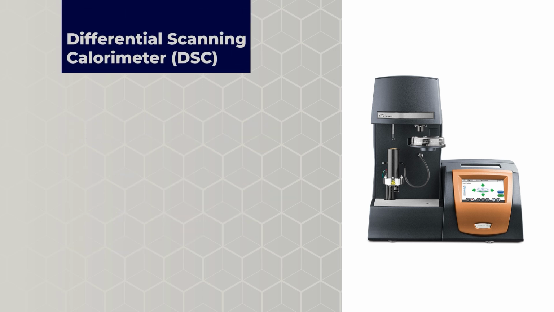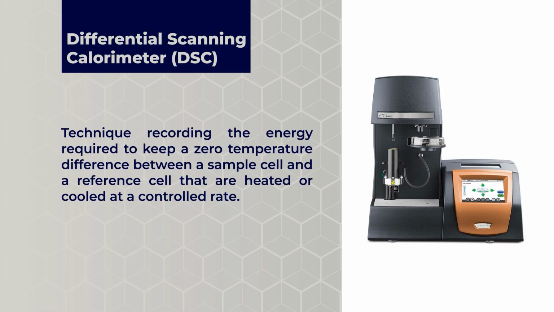There is another technique, that is differential scanning calorimetry. In the DTA, we had two cells and we were checking the temperature difference. Here we are checking how much electric supply we have to give to the cells to make sure that the temperature remains the same. So this technique records the electric energy required to keep the temperature difference at 0.